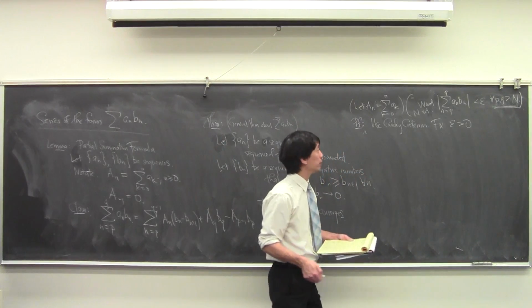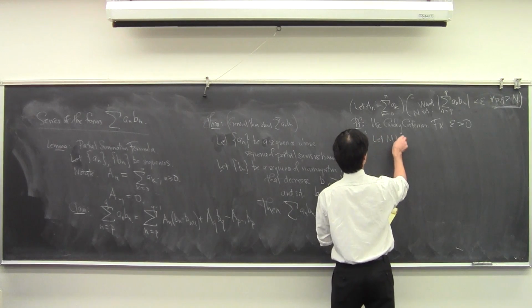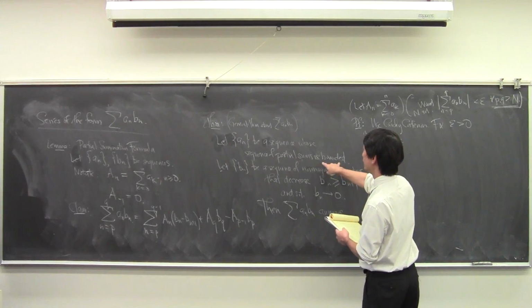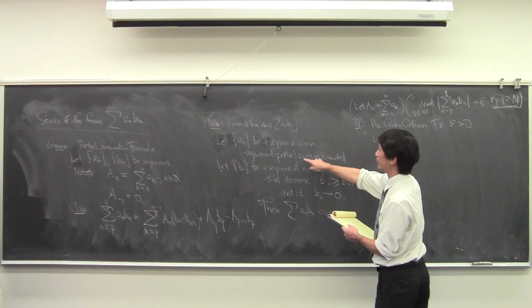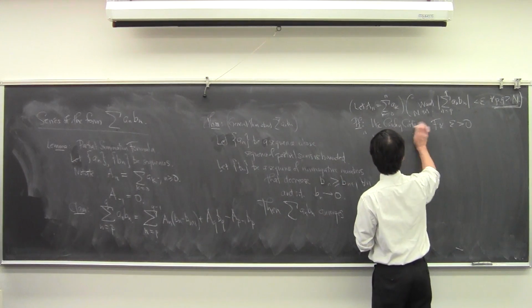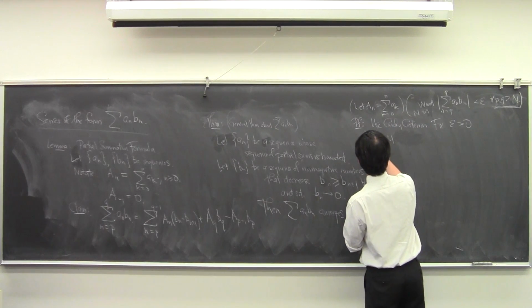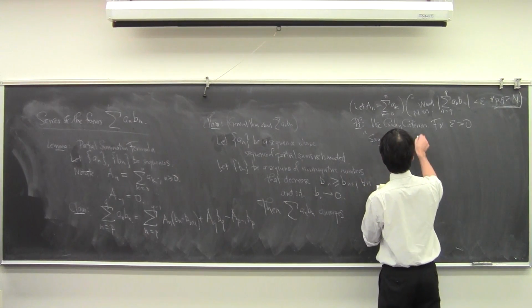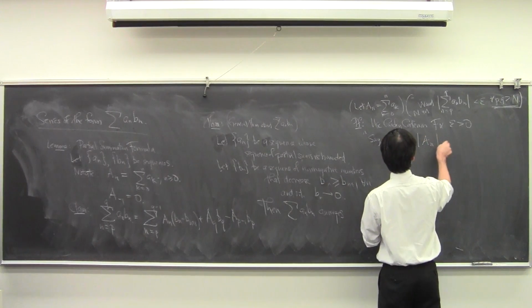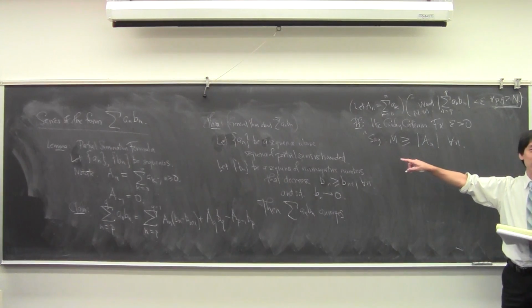Okay, so here we go. Let M be the bound of the sequence of partial sums. So let M be such that it's bigger than or equal to the size of A sub n for all n. We said the sequence of partial sums is bounded.